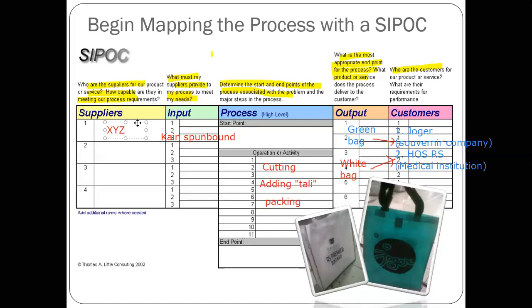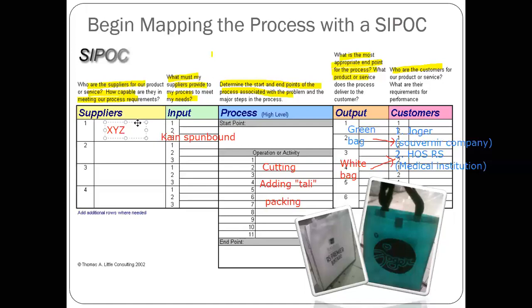So when we are collecting the process, we are also collecting customer information. We find out that the customer, like the hospital, wants the cloth in white, which is clear because white identifies something pure, clean, medical.